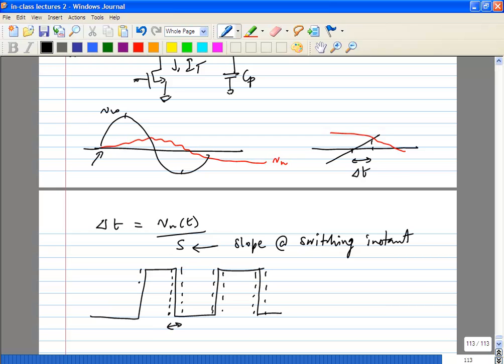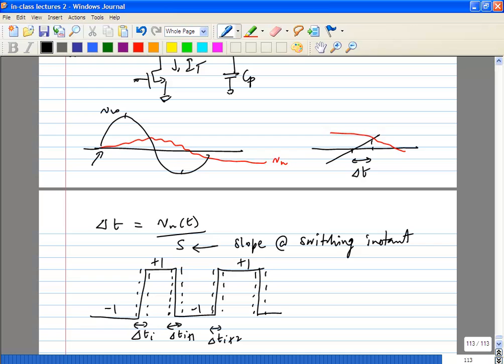We're going to have some obviously around here also. So if you're considering some ith zero crossing, it will be delta Ti, and this will be delta Ti plus 1. Depending on the actual amplitude of Vn at that zero crossing, your delta Ts will be different.